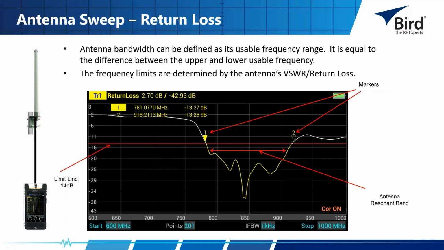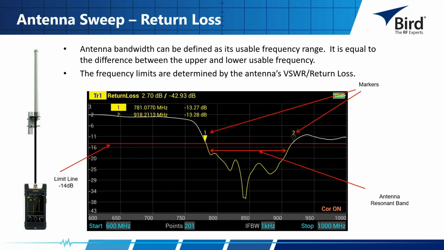It's at about negative 13.7 dB. And then marker 2 right below it is at 918.2113 megahertz and also at minus 13 dB. So my markers are just a little bit outside the negative 14 band, but I can say that this antenna is good from 781 to 918.